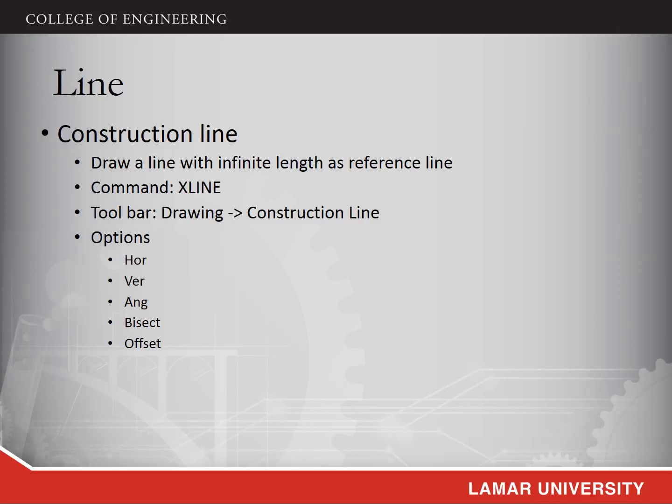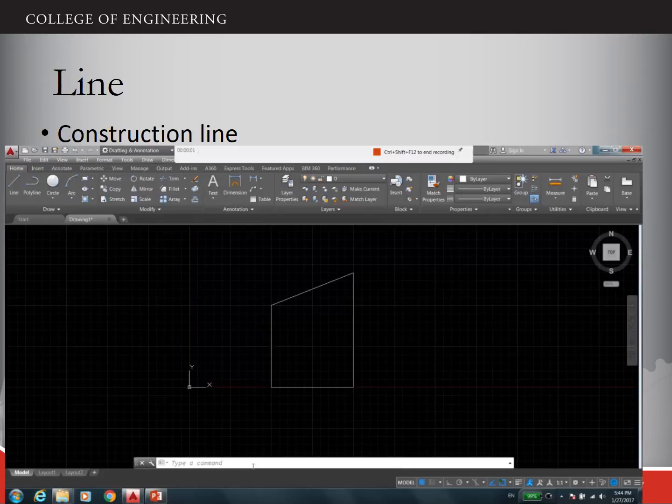Once you have this command, you will be asked to select a set of options such as horizontal, vertical, angle, bisection, and offset. In the next slides, I'm going to show you how to use the construction line with all these options.